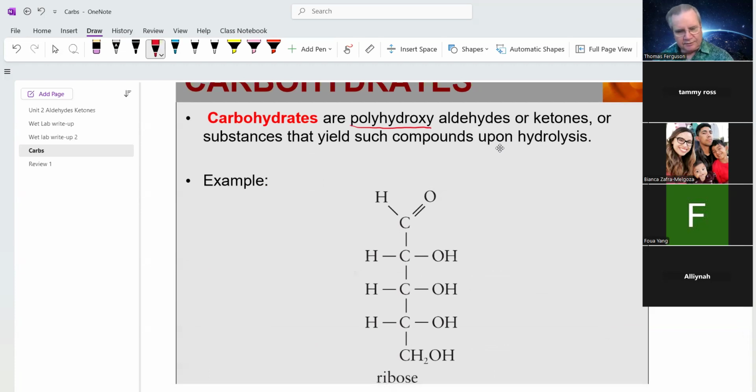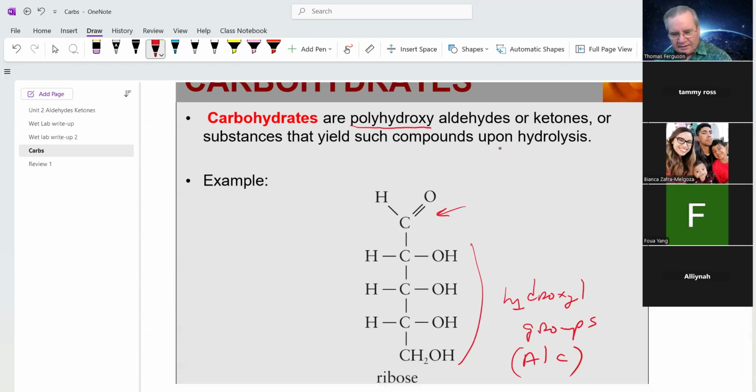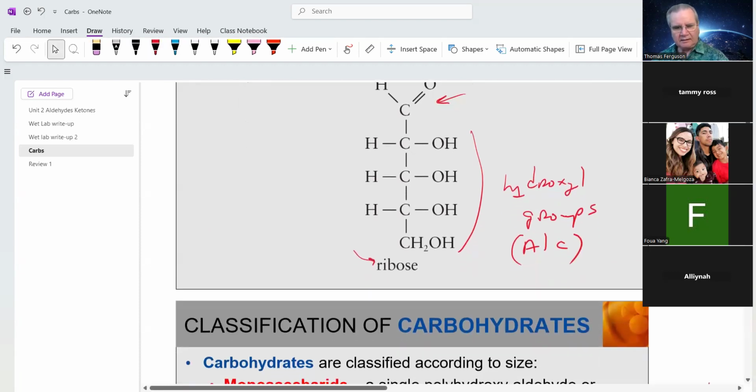So they include, not 100%, but mostly, an aldehyde or ketone and lots of hydroxyl groups or alcohols. Sometimes they call sweeteners polyols, and that does not contain an aldehyde or ketone. It's just hydroxyl groups. You've all heard of this sugar ribose, as in DNA, RNA.